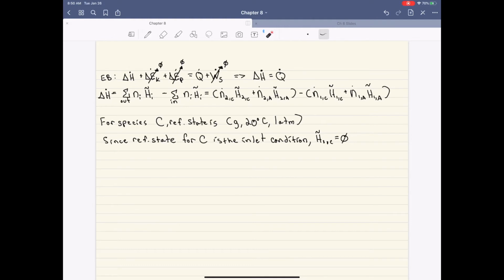Right? Because the inlet condition is at our specified reference state. And so in the end, in our energy balance, we'll be able to just cancel out this term because the molar enthalpy is 0.